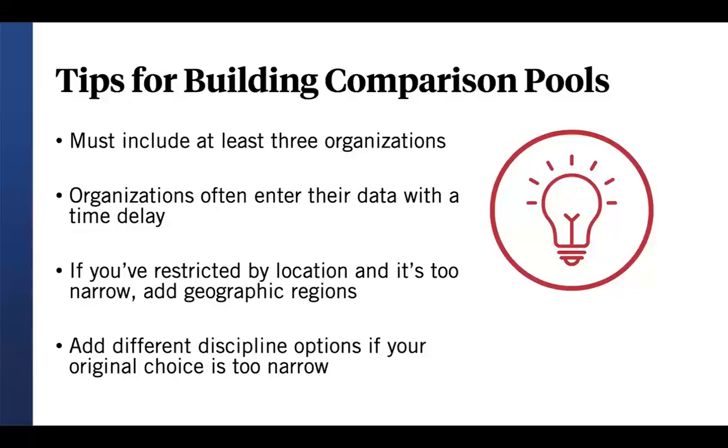So even though many organizations have closed their 2024 fiscal year, those organizations may not have received their audit or may not have entered their data yet. So if you're hoping to find a complete comparison group, I would encourage you to maybe change the year to maybe 2023, where the overall number of organizations who've entered their data will be much larger.